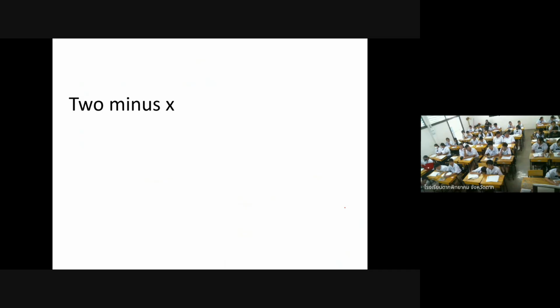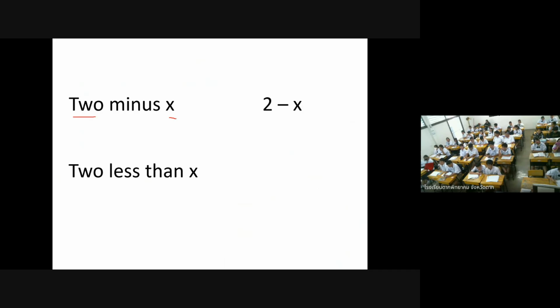Next. Everyone, please read. 2 minus X, so that is 2 minus X. How about this one? 2 less than X. This is X minus 2, not 2 minus X. When we're dealing with less than, though that is minus, you switch the numbers.